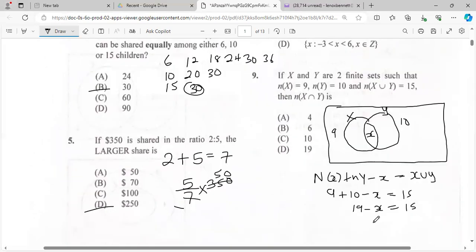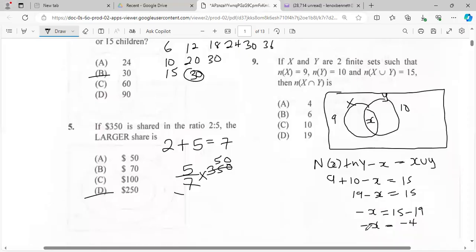So transpose, so it's going to be minus x equals 15 minus 19. So we can see that it's going to be -4 equals minus x. So x is equal to 4. We're not supposed to find negative x, we're supposed to find x. So that works out to 4.